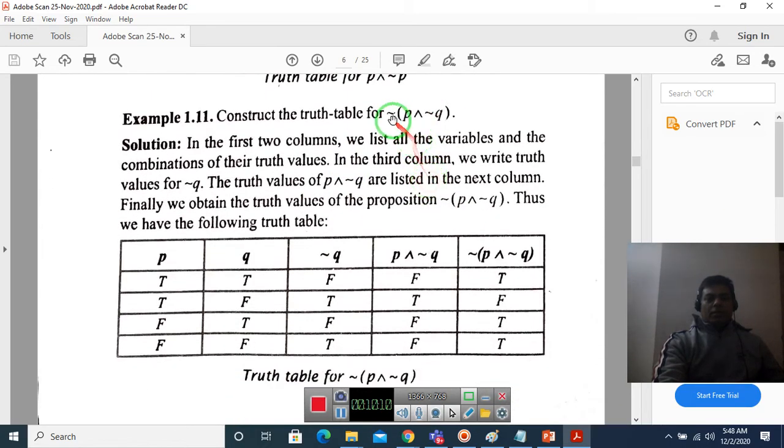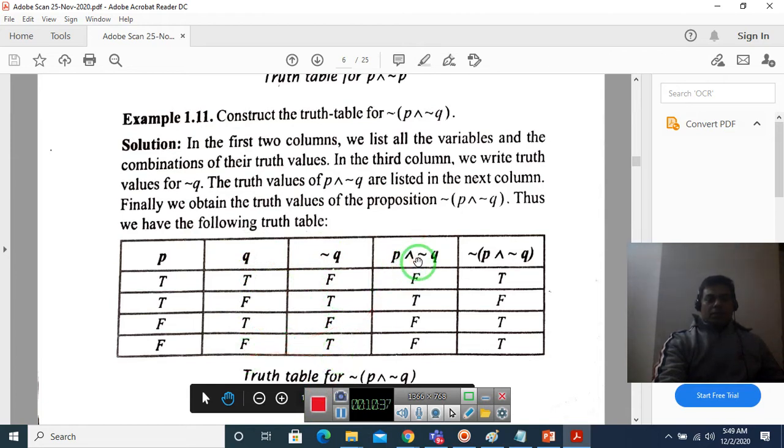So simply, you should do it like this, and you can make the columns in this way. For P and Q, 2 to the power 2, that is 4, possible combinations: true-true, true-false, false-true, false-false. Then find the negation of Q: false, true, false, true.